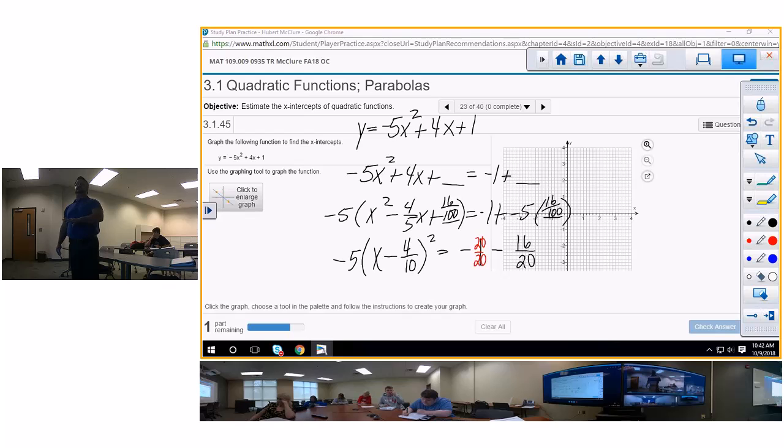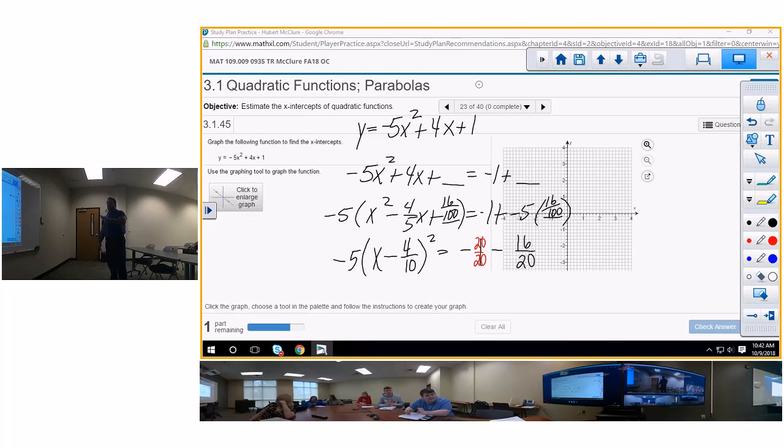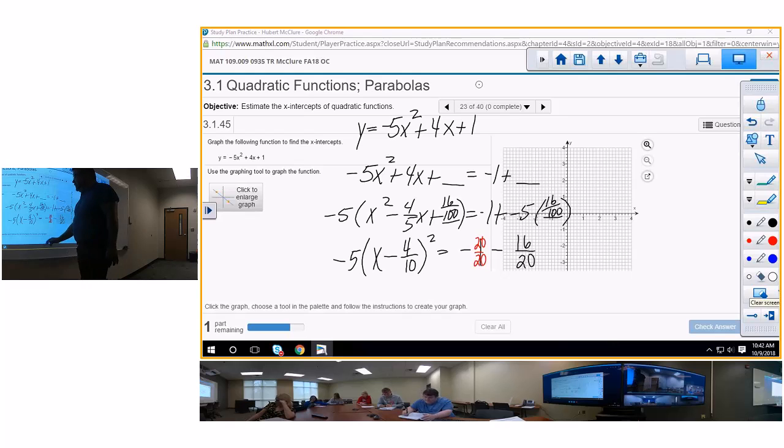I reduce at the very end. It's still mathematically the same, but that's fine if you want to. I don't want to reduce while I've got several people still trying to get the concept of completing the square down. So I'm going to just leave it like it is right now.